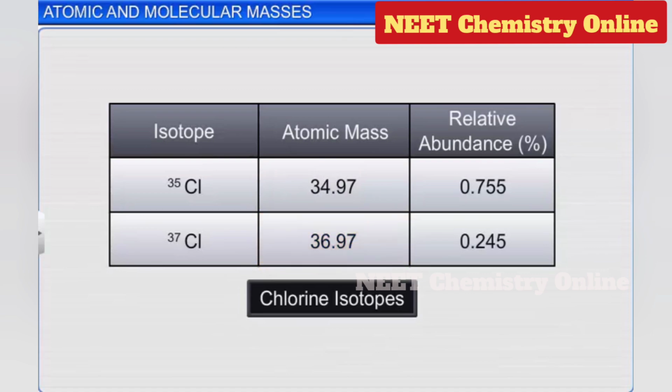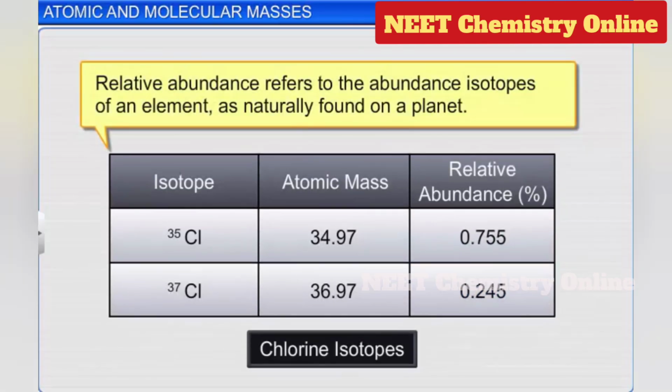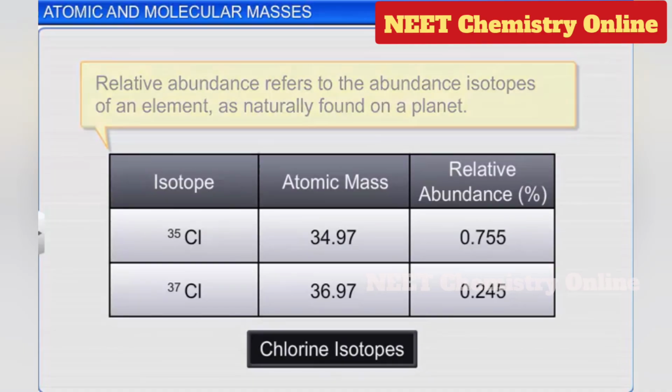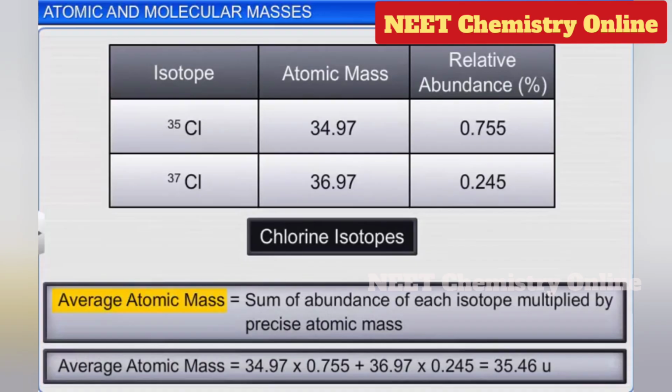The relative abundance of the isotopes is 0.755 and 0.245 respectively. Relative abundance refers to the abundance of isotopes of an element, as naturally found on a planet. Average atomic mass is the sum of abundance of each isotope multiplied by the precise atomic mass. Thus, the average atomic mass of chlorine is calculated as 35.46 U.